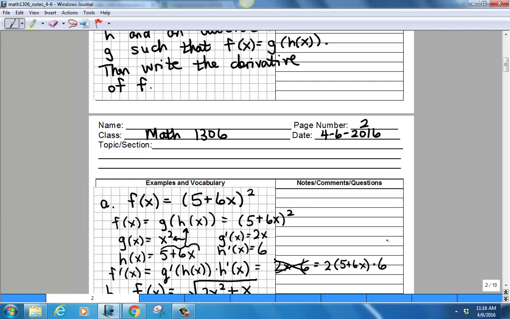The derivative of a power, you bring it down, right? Okay, and then do what? You subtract 1.